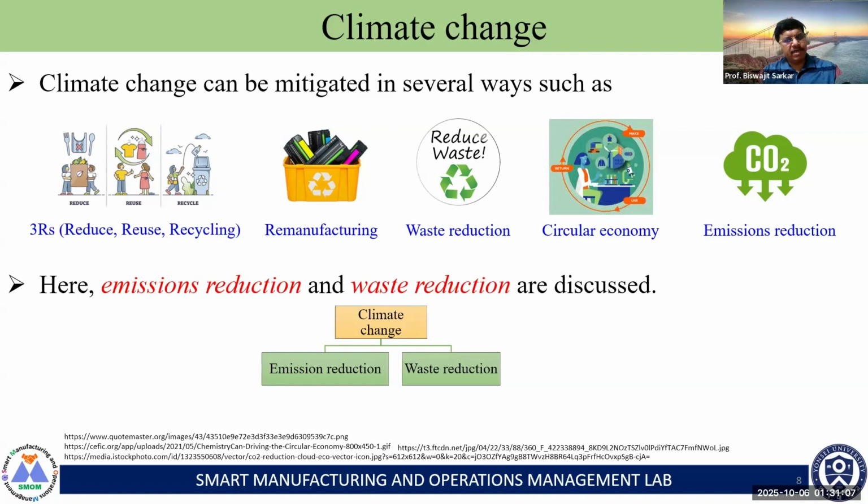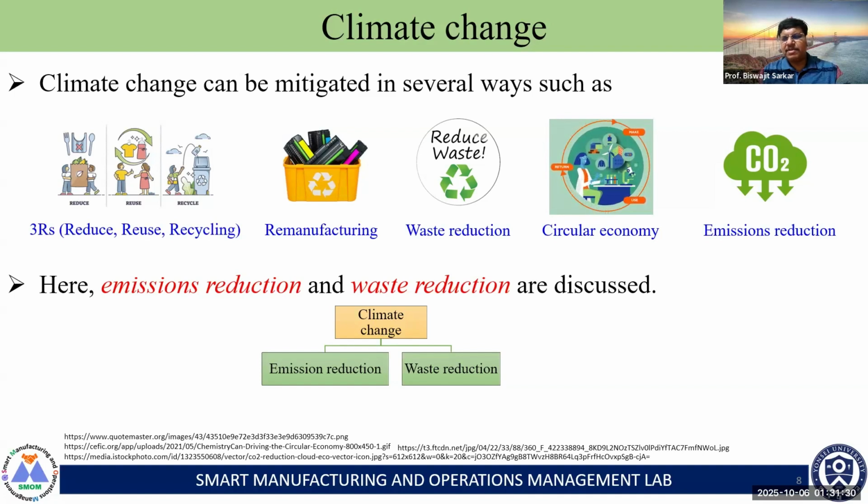In that area we are trying to implement how the circular economy can be modeled within supply chain management. That paper was published in the Journal of Cleaner Production. However, in the next part, I will explain all these things. Now let's go to the next one.